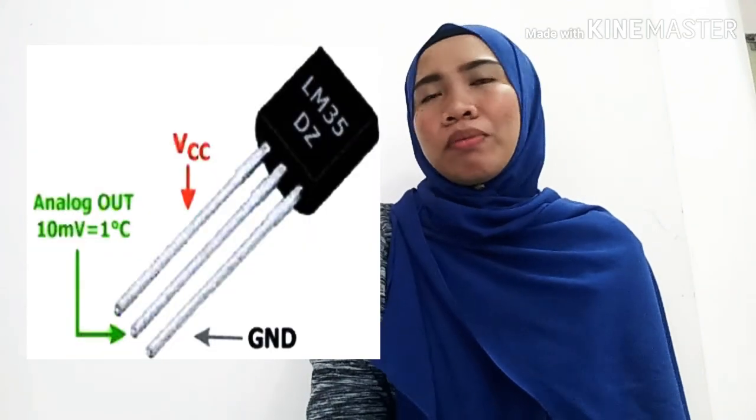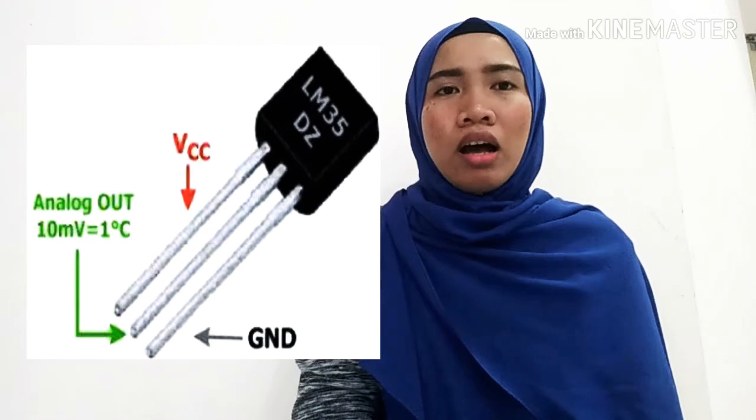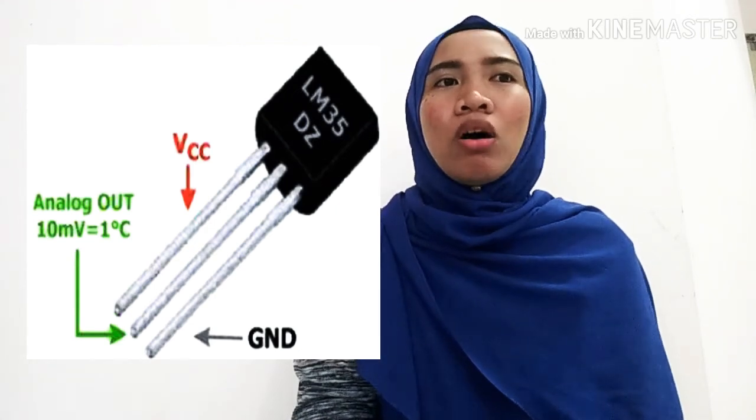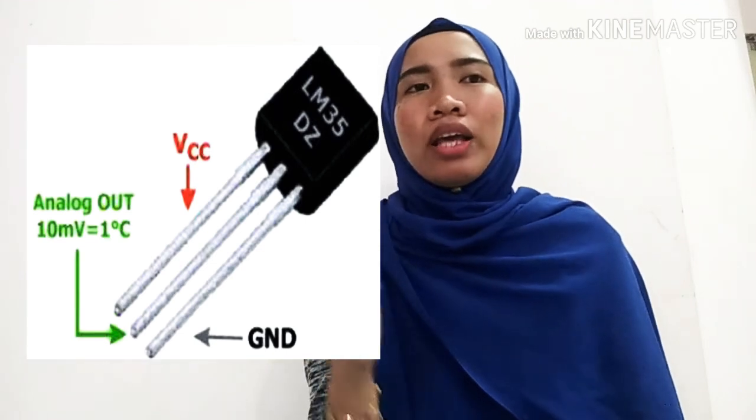As you can see from the picture again, the analog output pin of the temperature sensor in the middle is connected to the input of the analog to digital converter in the ARM microcontroller.